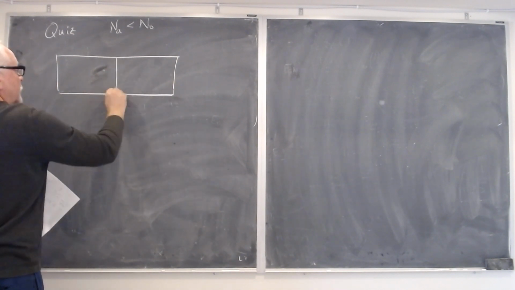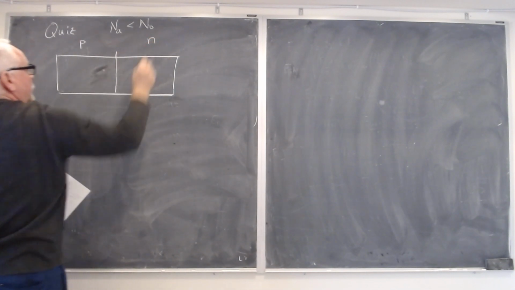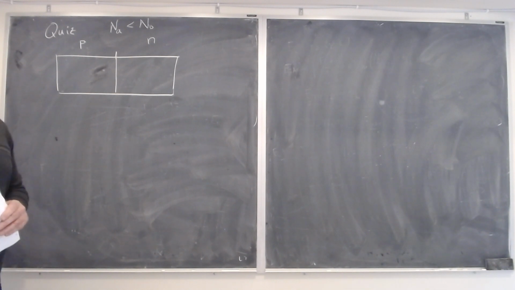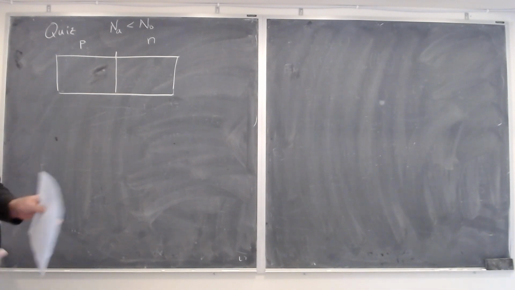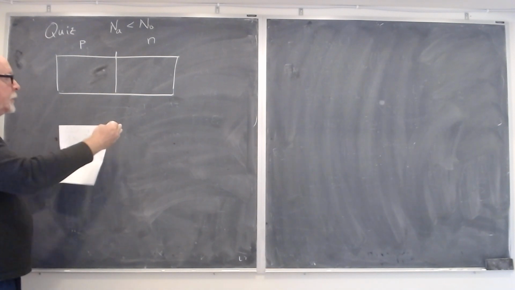So here's P and N, and again, the main problem that those of you who got the answer wrong had was this backward way of thinking about what happens to the depletion regions.